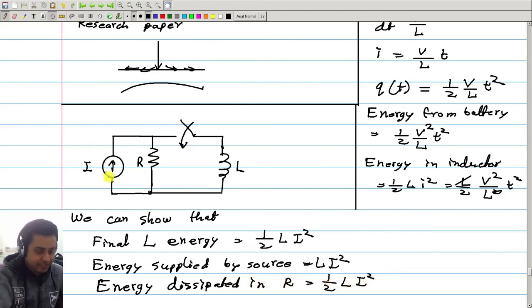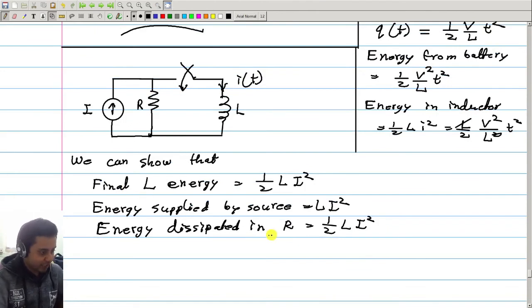You can write differential equations, solve for this current as a function of time, this current as a function of time, do the integration, and you can do this.